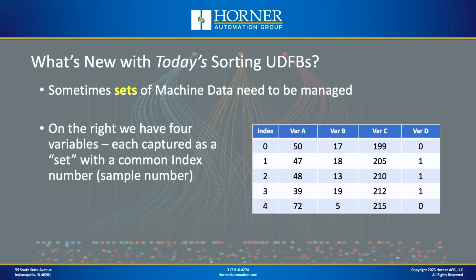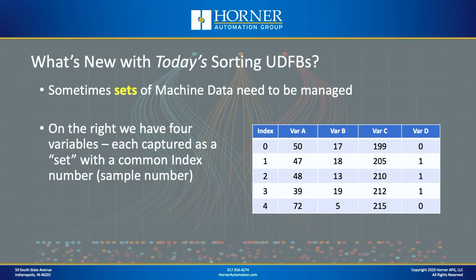Now let's talk about what we're adding to the list so you can do even more sorting in your application. Okay, so let's take a look at an example here on the right. What we've got there is 4 variables, variable A, B, C, and D. In this example, maybe each of those variables represents process data, and we've periodically captured a snapshot of those 4 variables at 5 different times.